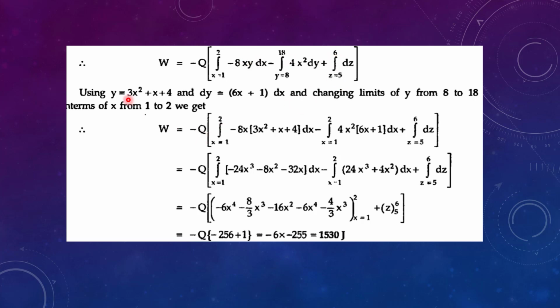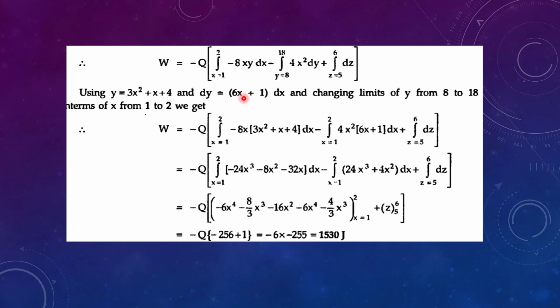But we have to go to these curvature paths, so we'll make use of this path. So what we can do with this? First, we have to find out what is dy. So let us differentiate both sides. So dy is equal to 3 into 2, that is 6x plus 1, and 4 differentiation is 0.